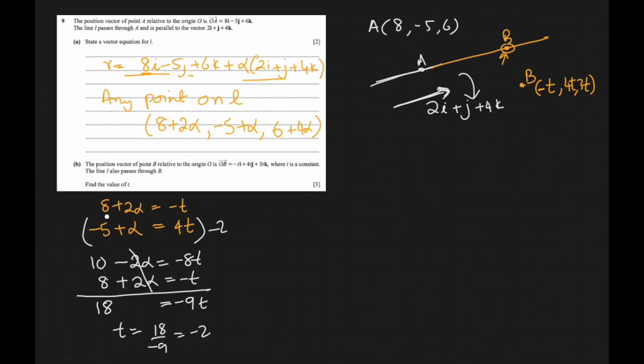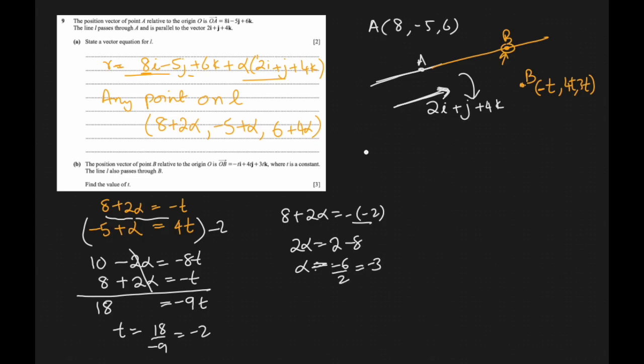Let's substitute this value of t here: 8 plus 2 alpha equal to 2. So 2 alpha equal to 2 minus 8, alpha equal to minus 6 over 2, which is minus 3.